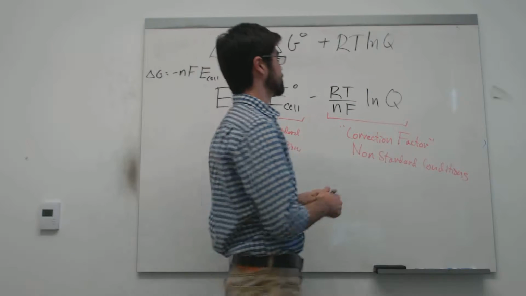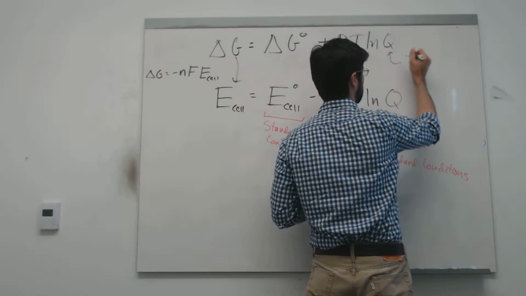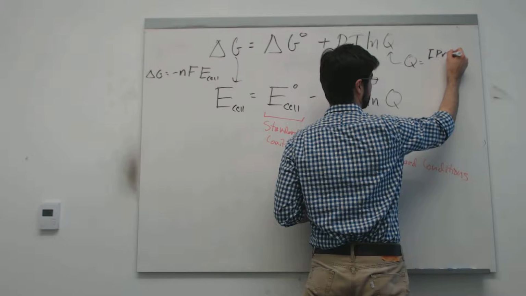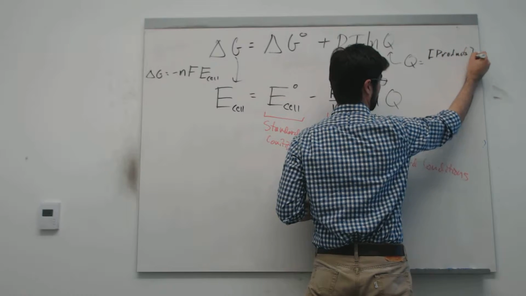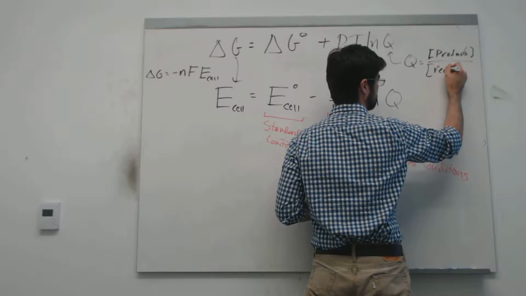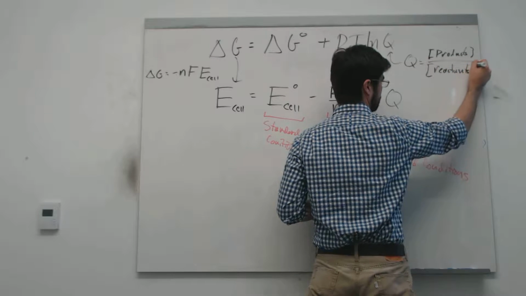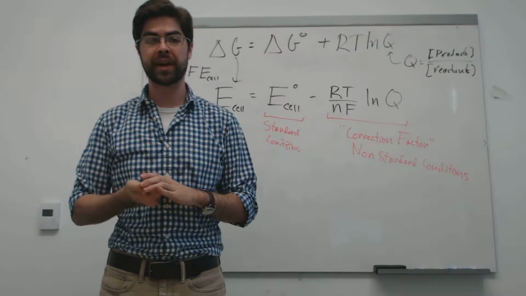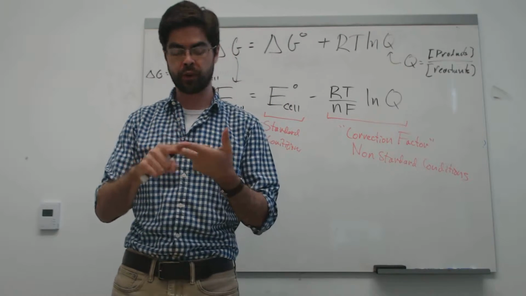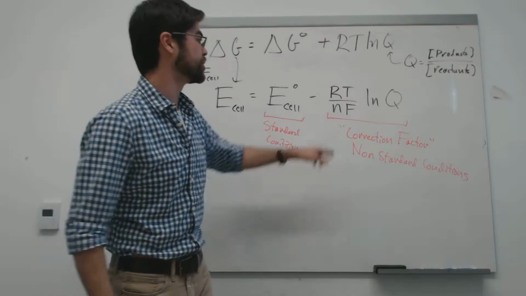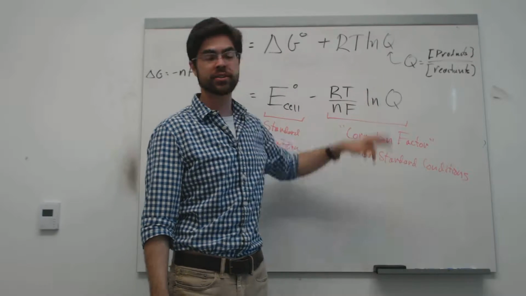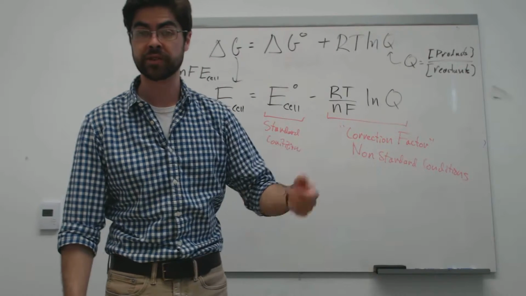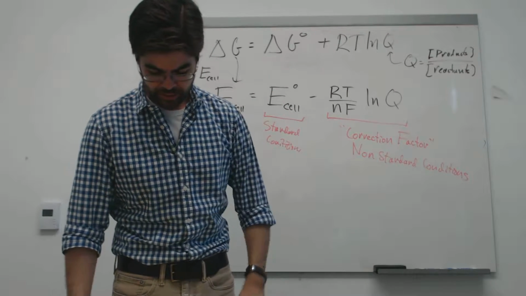Those non-standard conditions here are represented by the reaction quotient, which is still the concentration of products over reactants. So whatever those concentrations or partial pressures might be, they don't have to be 1 atmosphere, 1 molar. And the temperature is no longer required to be 298 Kelvin, 25 degrees Celsius. We can do this at different temperatures and also calculate the cell potential.